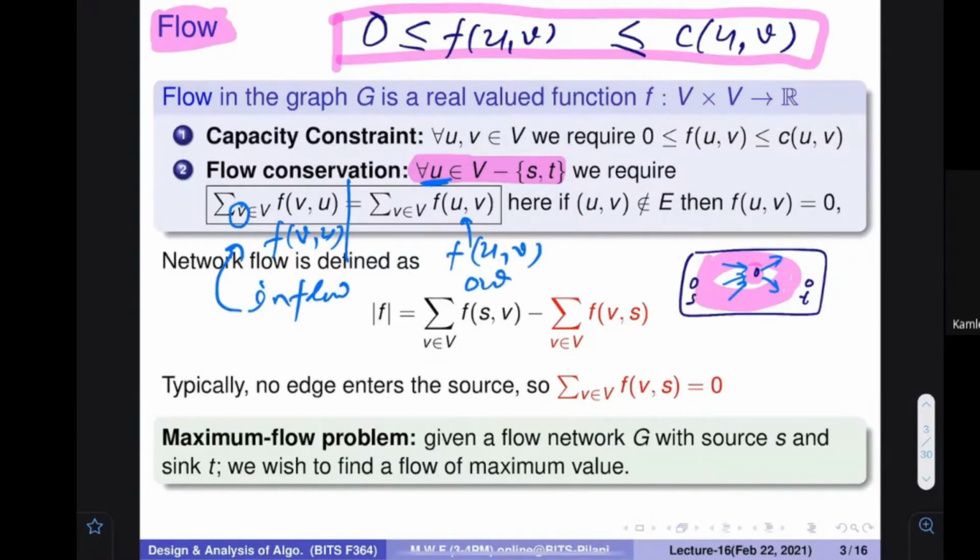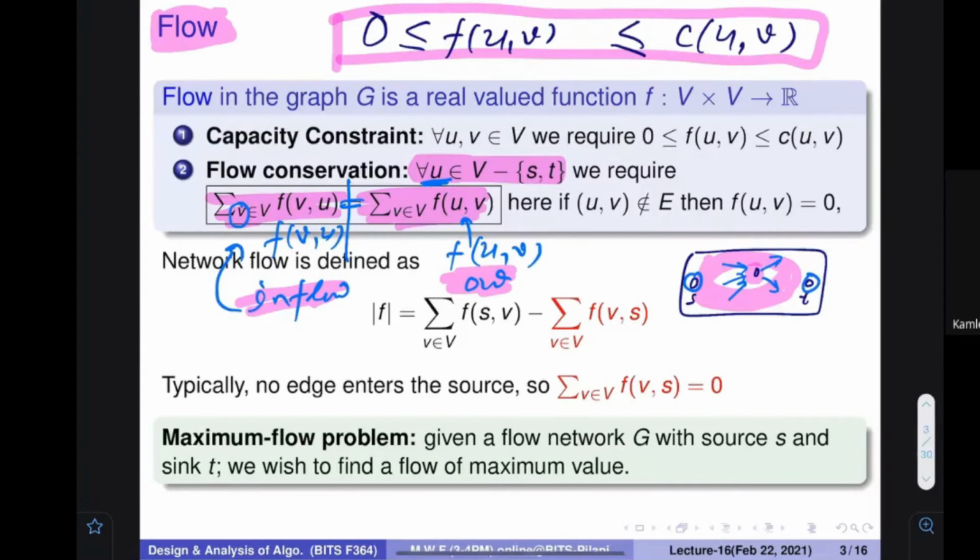Inflow should be equal to outflow, because nothing is going to be stored in a particular node. T can store and S can produce, but no other nodes. So inflow is equal to outflow, and therefore this quantity is equal to this quantity.